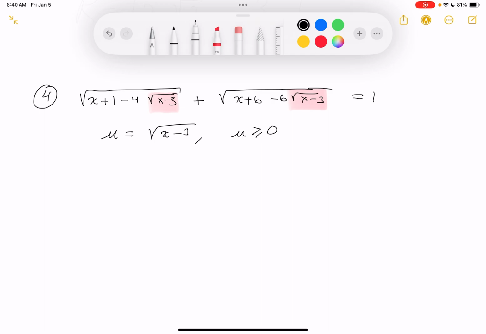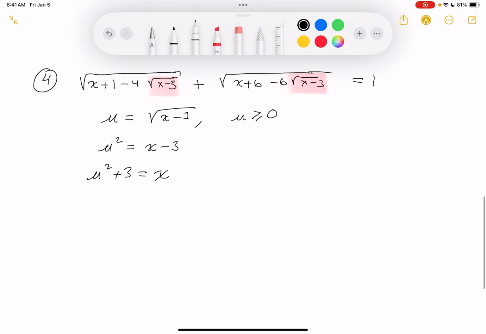All right? So I'm going to put down u squared, and u squared would equal x minus 3. Or you could say u squared plus 3 is equal to x. Hopefully it's going to simplify the problem a little bit. I'm not sure if it is, though.